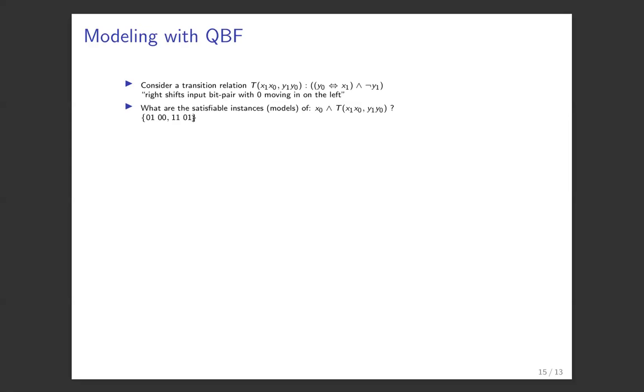Got it? Yes. So informally, what I said in English: it is the image under the transition relation T of the set of states in which the least significant bit is 1. That's what it captures.